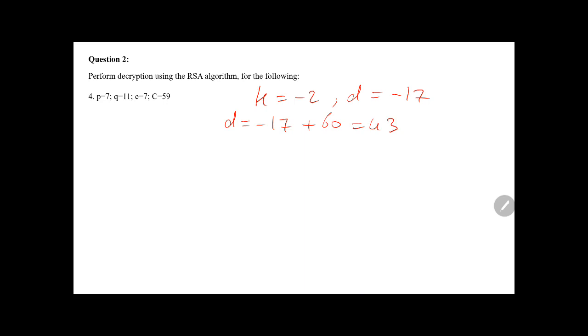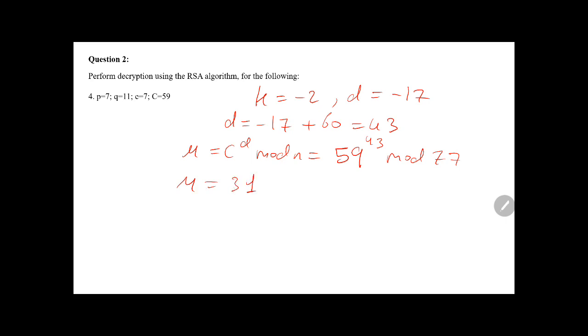So our d here is 43. So to get our m, we do m equals c power d modulus n, which is equal to 59 power 43 modulus n, and n here was equal to 77. So this gets us an m of 31.